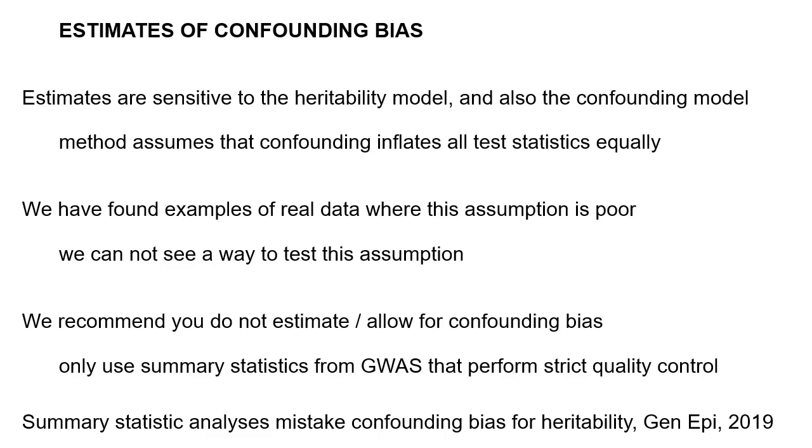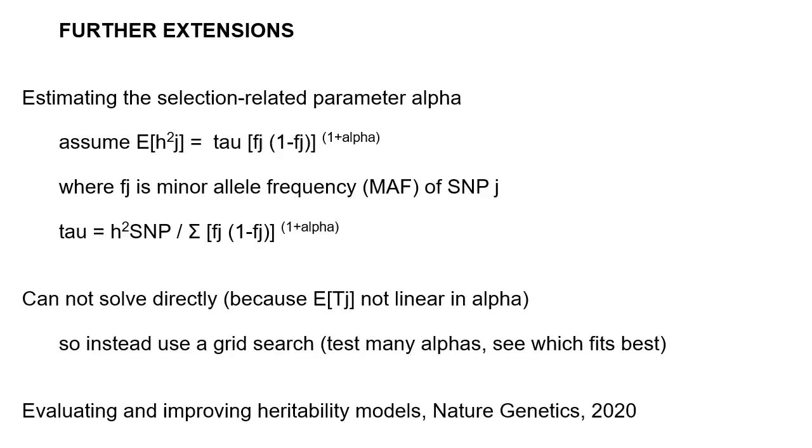But the problem is we can't think of a way to test whether this assumption is valid, and therefore to know whether estimates of confounding bias are valid. As a result, we now recommend that you don't estimate or allow for confounding bias in your analysis. And this means that you should only use summary statistics when you're confident the GWAS has performed very careful quality control. I will finish by describing some recent extensions.